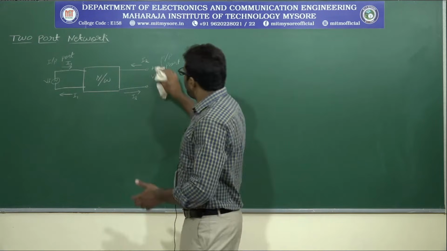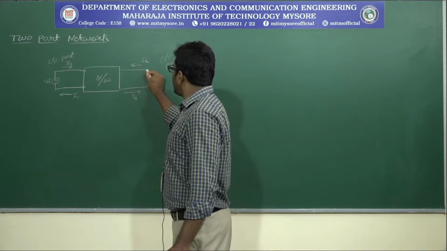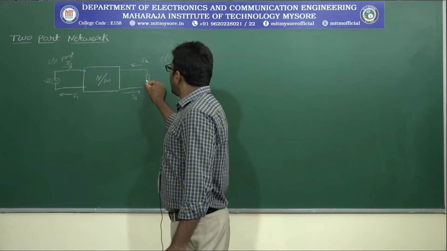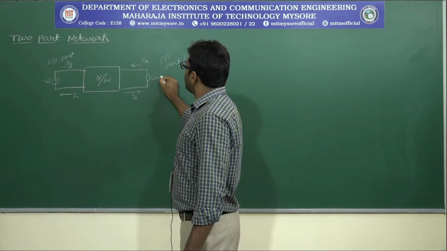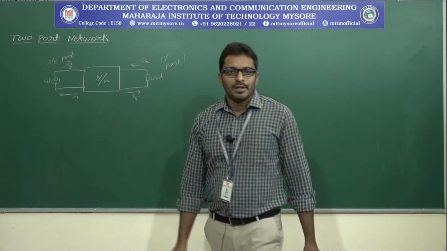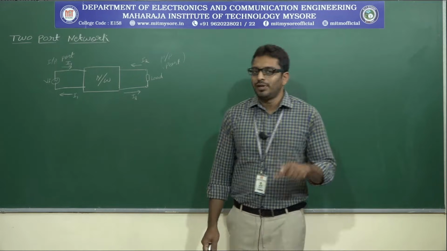This is also known as the driving port. The port to which the load is connected is known as the output port. Is it clear? So in a two-port network, there are two sets of terminals.